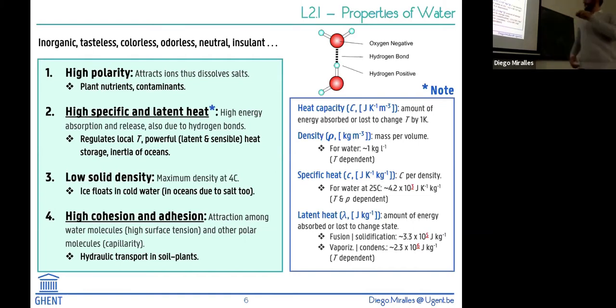You see the units here? This is just joules, so energy, work in this case, energy that it takes to warm up by 1 degree, 1 kilogram. Well, if you put this in cubic meters, you have the energy that it takes to warm up 1 cubic meter per 1 degree. Degree Kelvin or degree Celsius is the same, right?